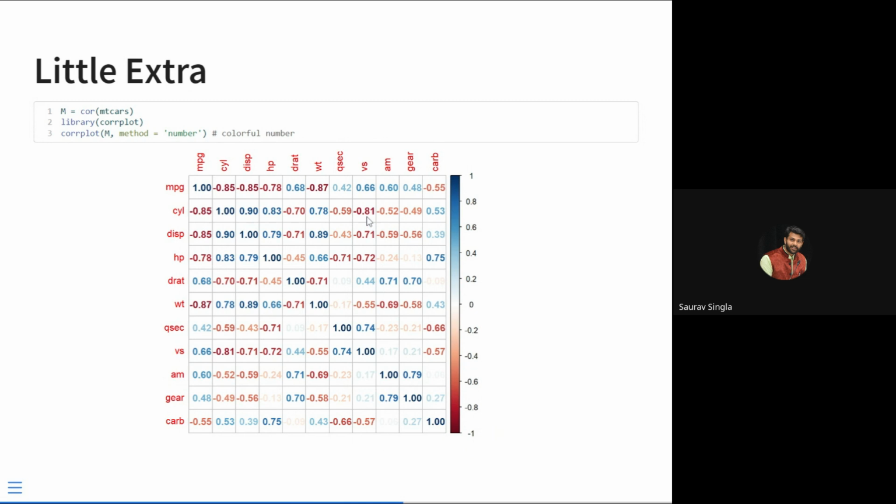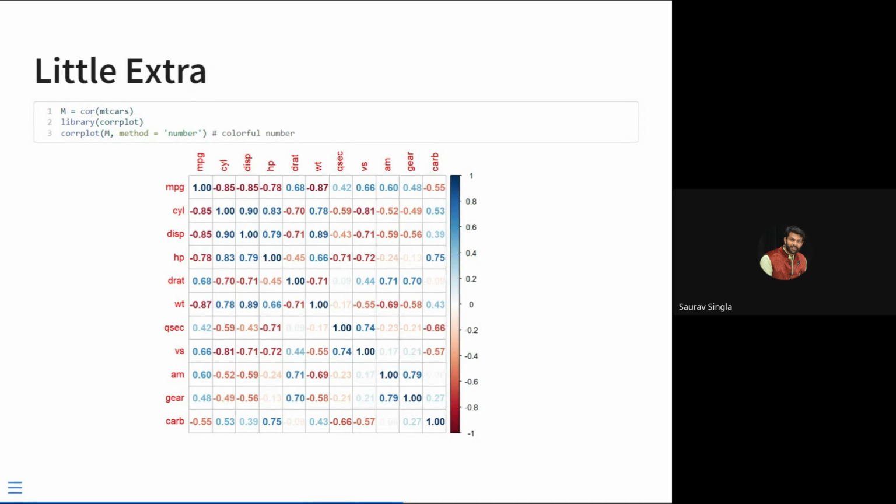See, minus 0.81, minus 0.87, minus 0.85. These numbers are quite red and darker as compared to others because they are higher values of the correlation. The lower value of the correlation represents lesser strength of the correlation.